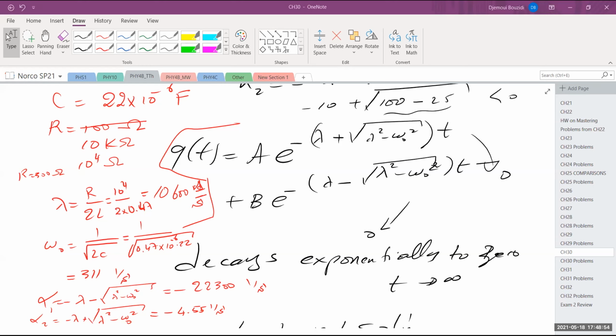Omega naught did not change, so it's still the value we had before, which was 311. Close the parentheses, and hit enter. So it's a negative number. It's a negative 390 actually.